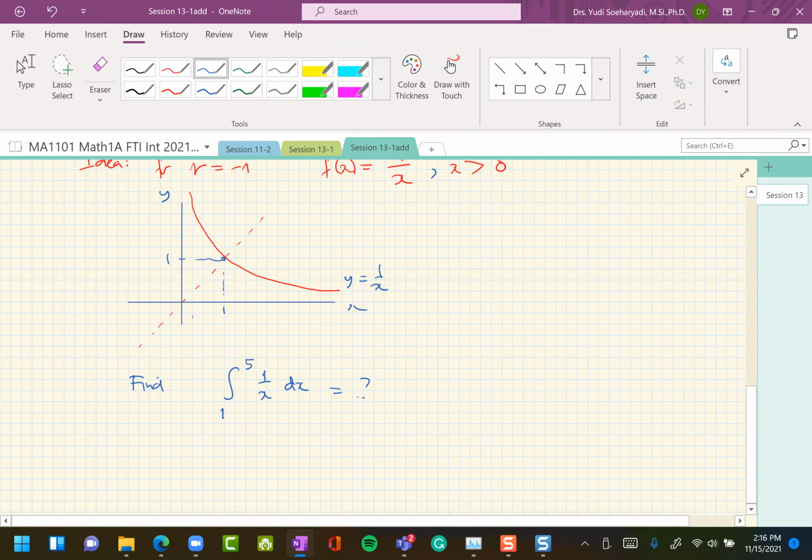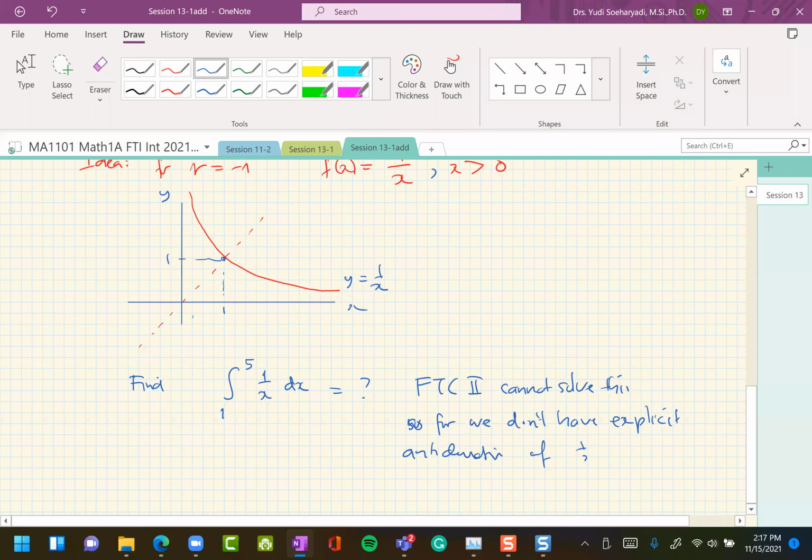Here you cannot do this by using the fundamental theorem of calculus, FTC2, because so far we don't have an explicit antiderivative of 1 over x.